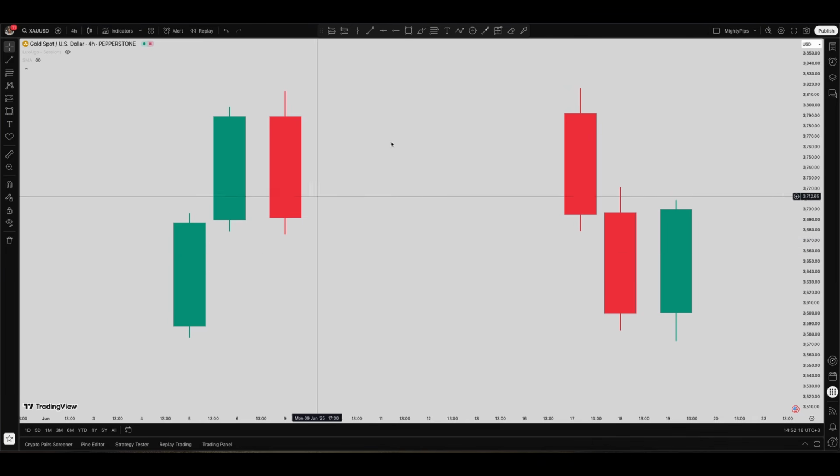So this is a bullish setup and this is a bearish setup, but this bullish setup here indicates a reversal to the downside and this one indicates a reversal to the upside. So how do you find this?